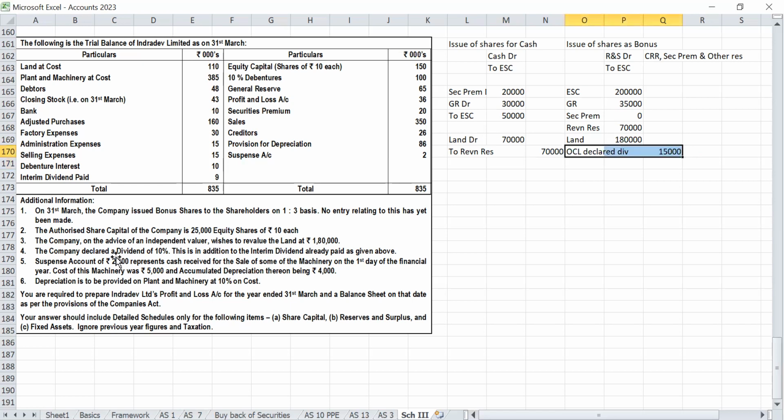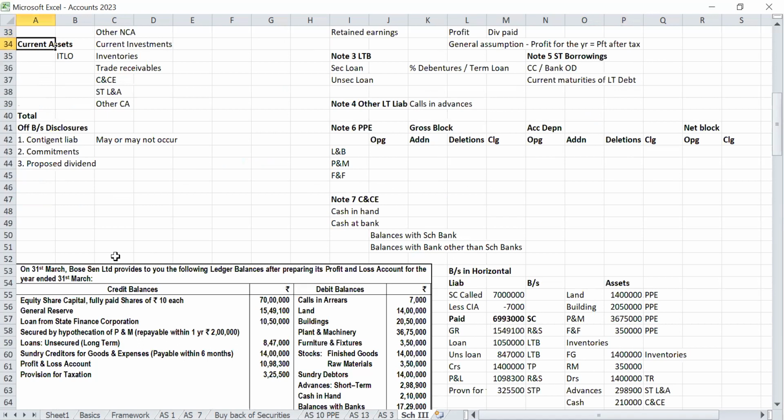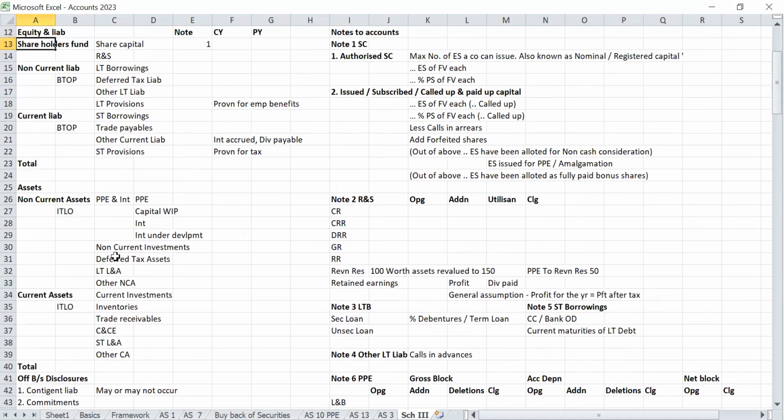And I also told you where the dividend paid should be deducted. Retained earnings is nothing but profit and loss account. In profit and loss account, opening balance, profit for the year you should add here, then less dividend paid utilization.